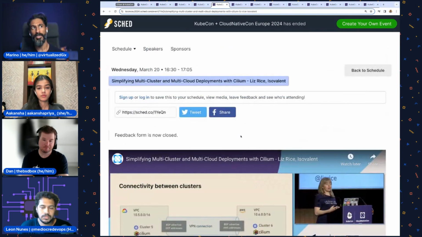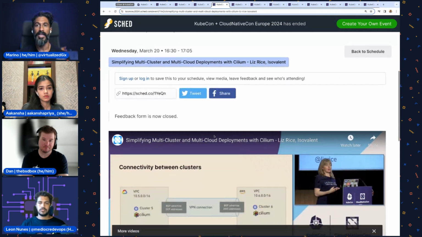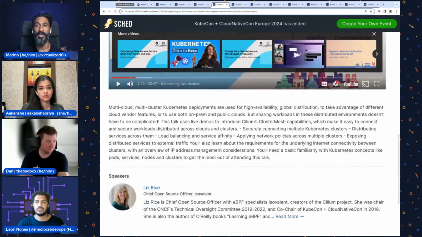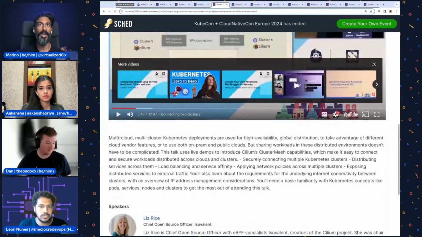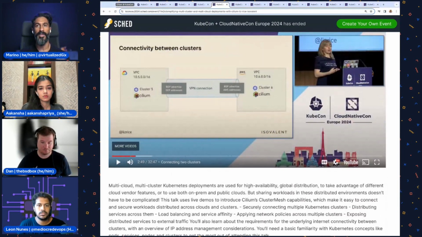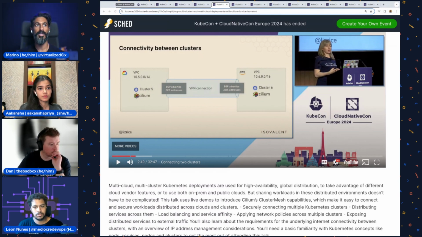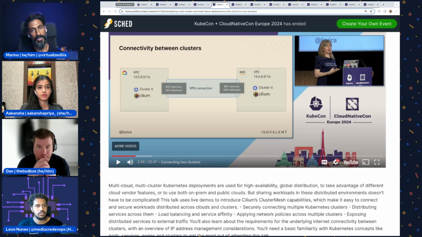So this one's by Liz Rice. And I also love this session because it focuses on the multi-cluster and multi-cloud aspect of networking. And that's always been a challenge. In fact, she's even calling out how we used to do a lot of regular site-to-site connectivity or networking as well. It's funny, IPsec seems to be a very recurring theme in terms of connectivity, whether it's branch to branch, branch to data center, branch to cloud, cloud to data center, whatever direction it is, because it's the easiest available tool out there.